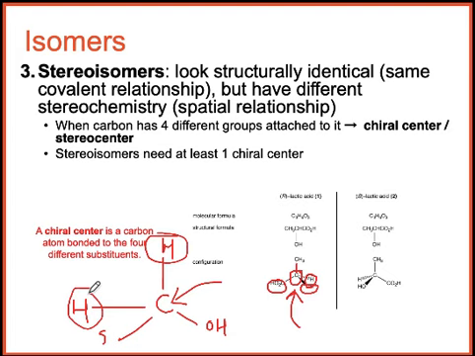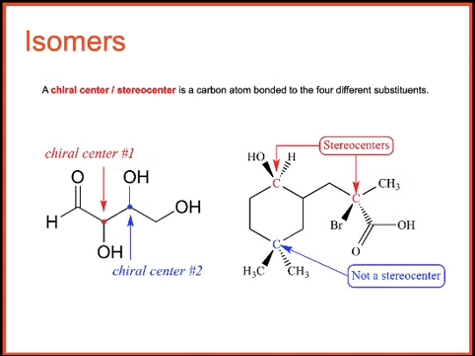That's not good. We need different substituents to be chiral. Alrighty. So a chiral center, or a stereocenter, is a carbon atom bonded to 4 different substituents.